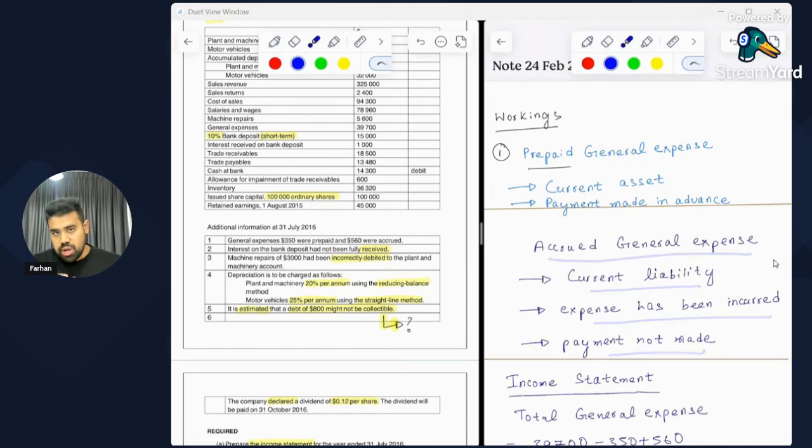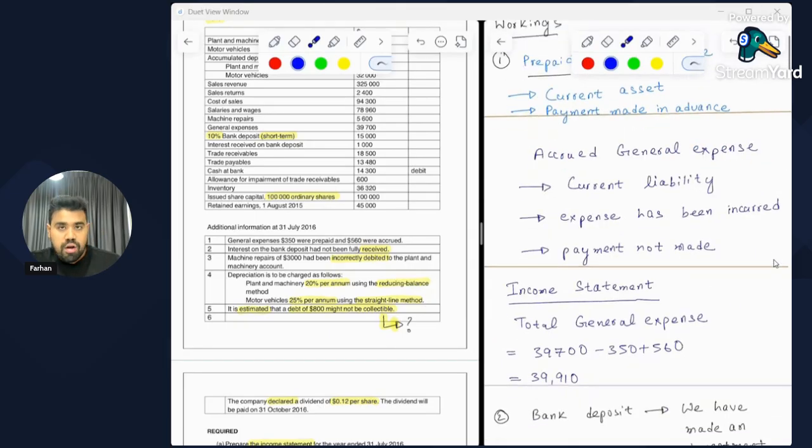Now, what's the treatment with regards to the income statement and the balance sheet? In the income statement, we calculate the profit using the matching theory, which says that profit is calculated by taking all the revenues that we have earned and deducting or subtracting all the expenses that we have incurred. Okay?